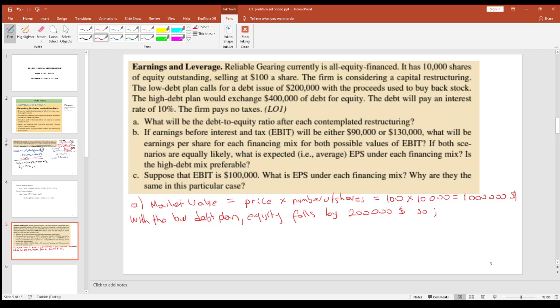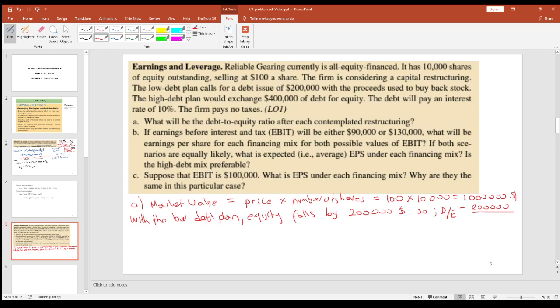So debt to equity ratio will be equal to $200,000.